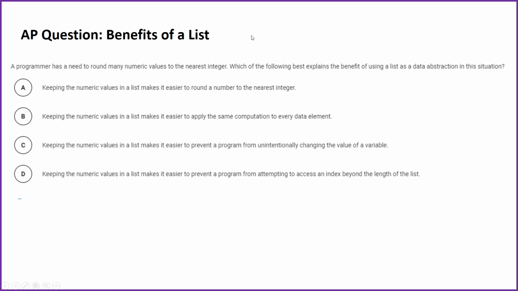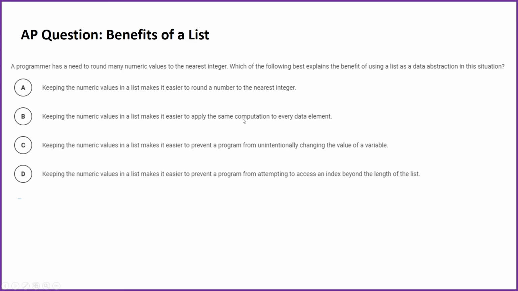Why are lists beneficial? Hopefully by now you realize why lists are useful. They help us hold a lot of data in a simple way, right? That's why it's a data abstraction. It allows us to do the same operation to a bunch of numbers. Keeping the numeric values in a list makes it easier to apply the same computation to every data element.